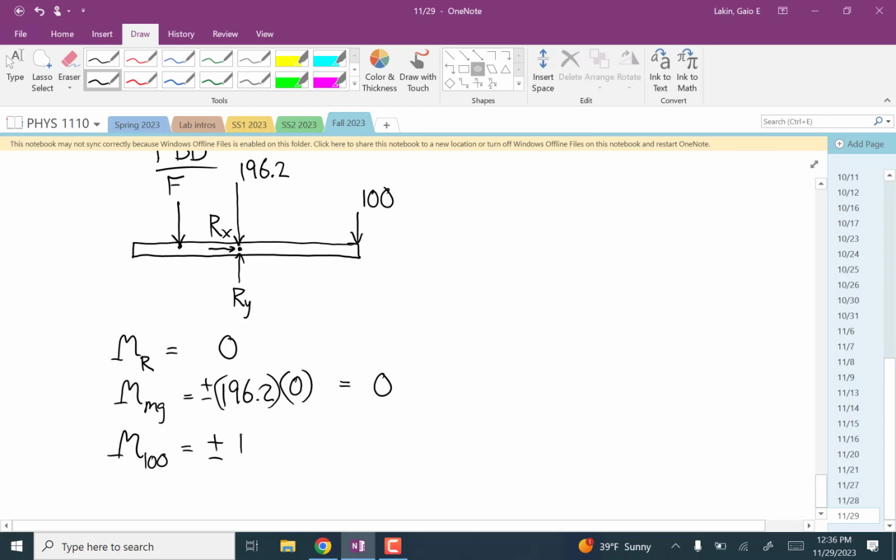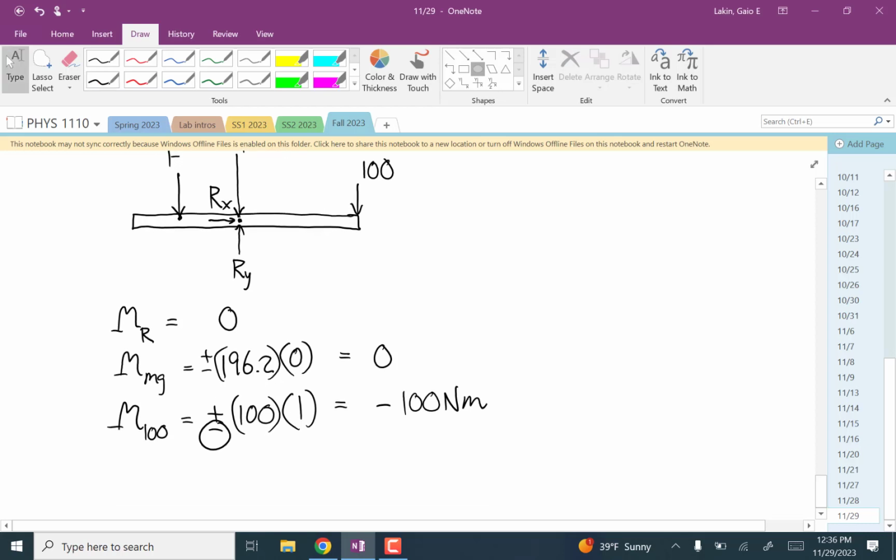Then for the 100 Newton force, plus or minus 100. What's the distance from the 100 Newton force to the hinge? 1 meter. Yep. And would that 100 make it rotate clockwise or counterclockwise? Clockwise, yep. And so this is negative 100 Newton meters.